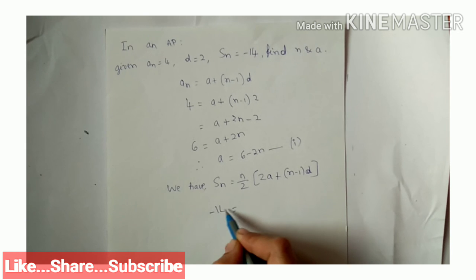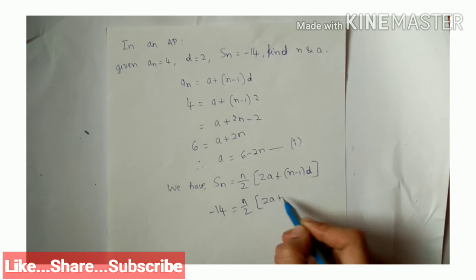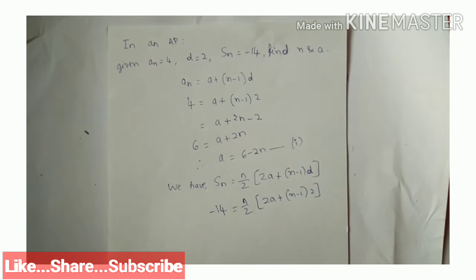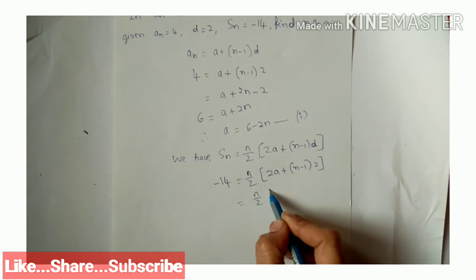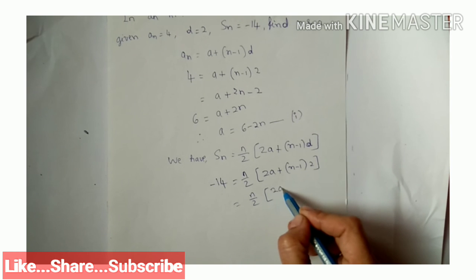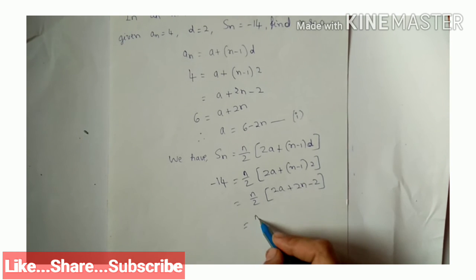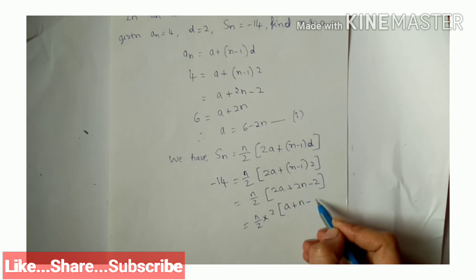Sn is minus 14, so n by 2 into (2a plus n minus 1 into 2), which is n by 2 into (2a plus 2n minus 2). 2 is common, take outside: a plus n minus 1.